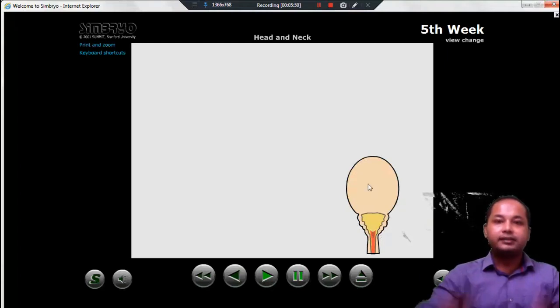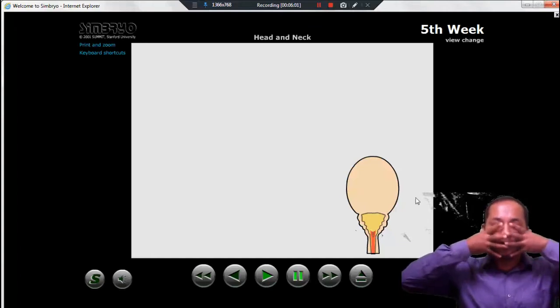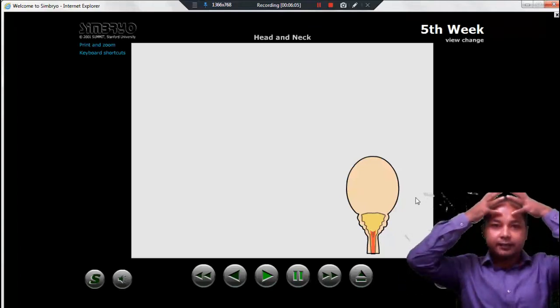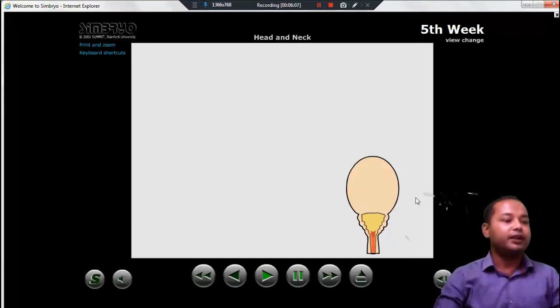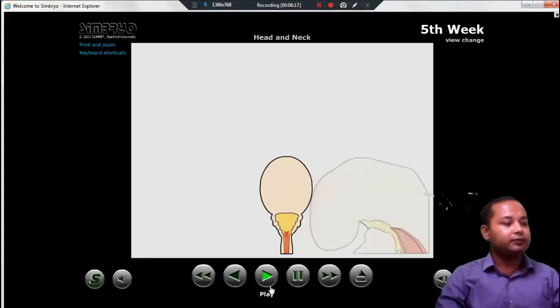The pharyngeal arches, 6 in number, are going to form the face as a whole, downward from here. And this is the head part which has been shown as a terminal knob. These pharyngeal arches are shown here. Okay, let us advance forward.